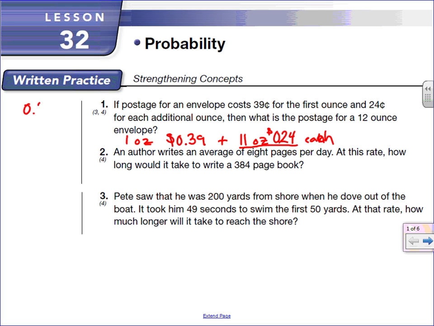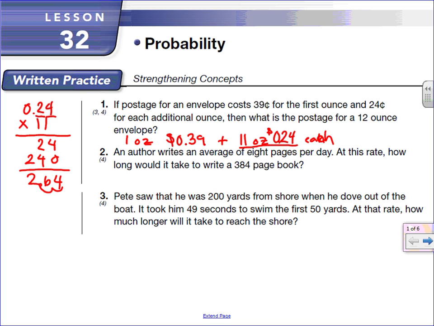So 4 times 1 is 4. 1 times 2 is 2. 10 times 4 is 40. 1 times 2 is 2. And then we have 2 decimal points, so it's 264.